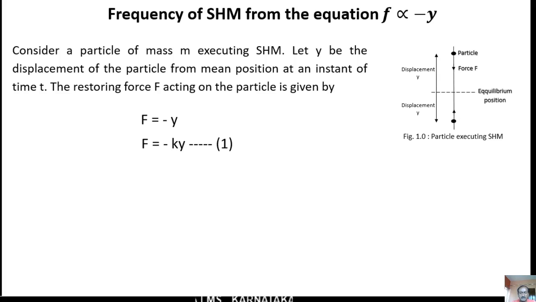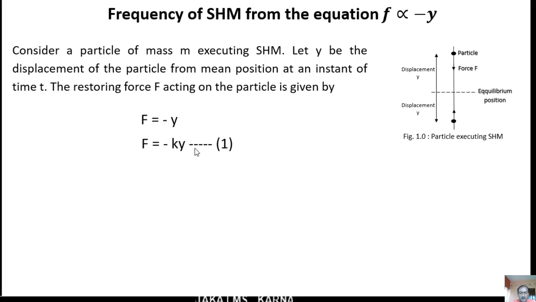In this case, the restoring force F acting on the particle is given by F proportional to minus y. When it is written as an equation, it becomes F equals minus ky.